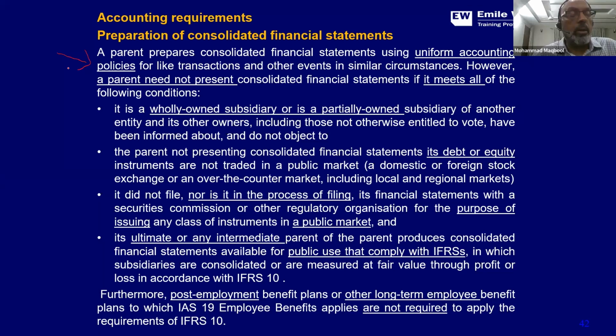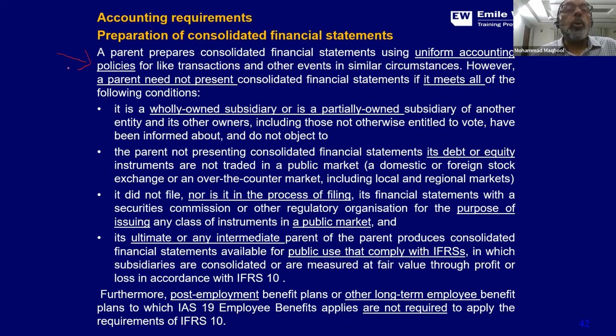So we need to change the subsidiary accounts by incorporating the effect of using the FIFO method instead of the weighted average method. Wherever there is a gap in policy, we have to follow the policy of the parent company, adjust the subsidiary accounts for that difference, and then consolidate.